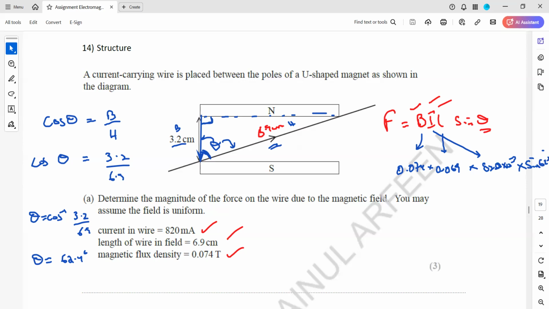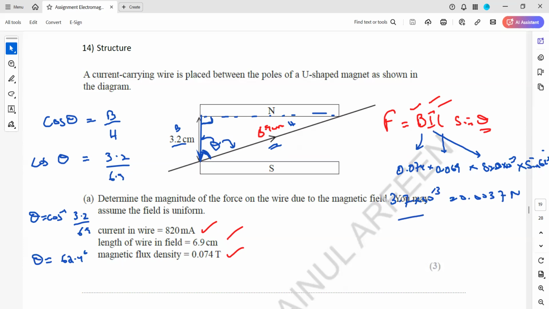That will give us the force, which is 3.7 times 10 power -3, or 0.0037 Newton. That's the force it experienced.